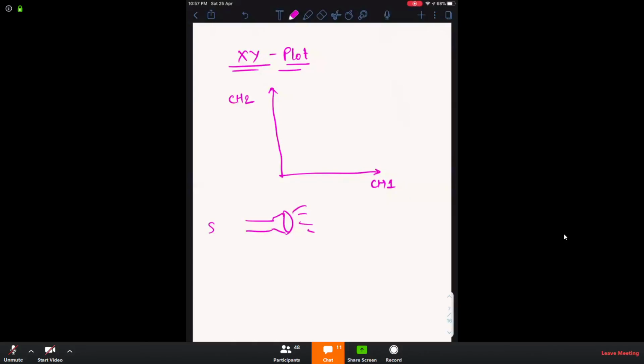This is speaker 1, the left speaker, which corresponds to channel 1, and we have the right speaker, speaker number 2, which corresponds to channel 2.